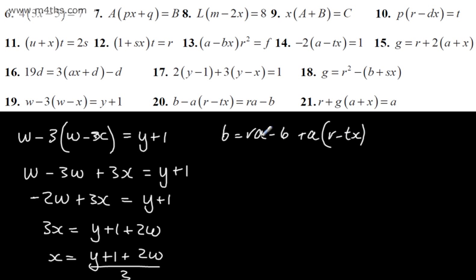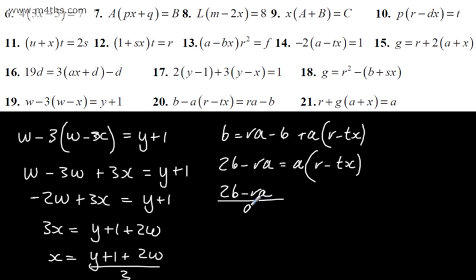I'm going to now subtract ra from both sides, add b. So we're going to get now 2b minus ra will be equal to a multiplied now by r minus tx. I'm now going to divide both sides by the a, so 2b minus ra divided by a will be equal to r minus tx.